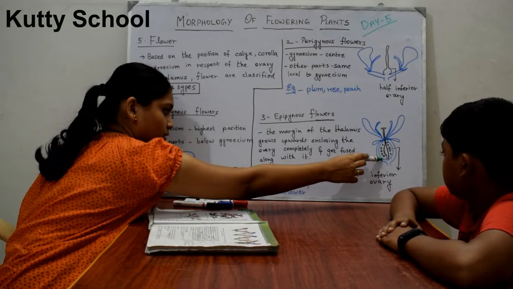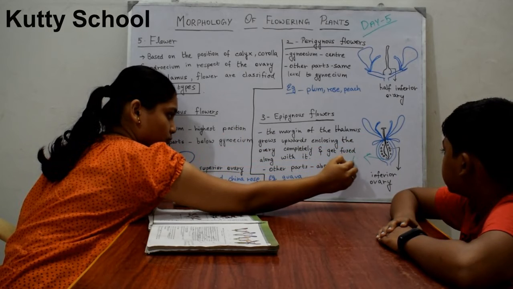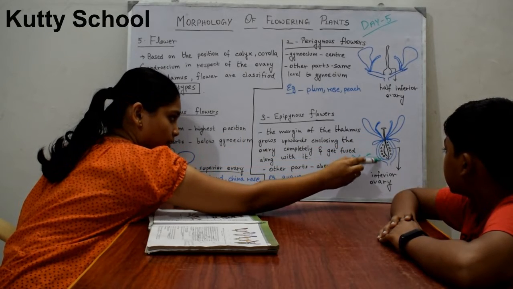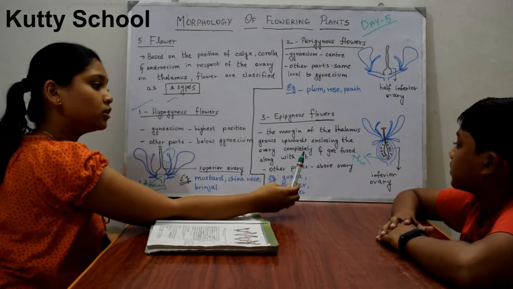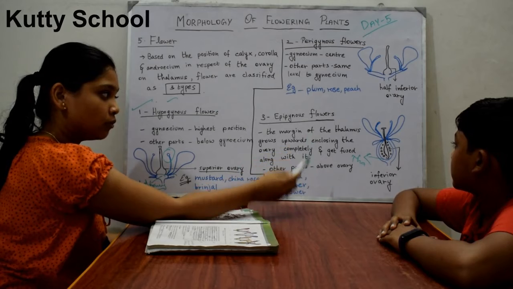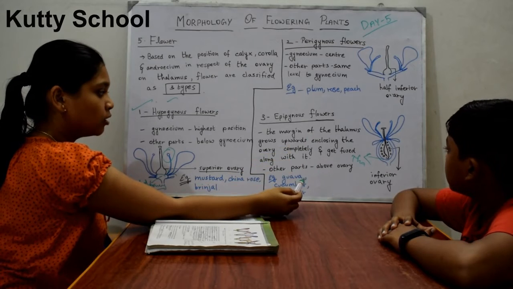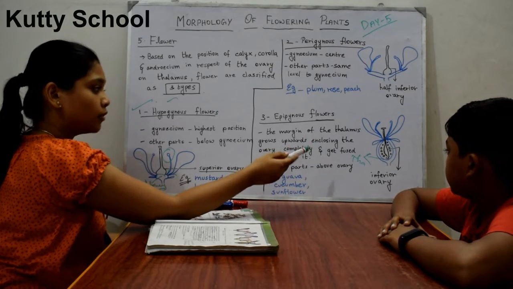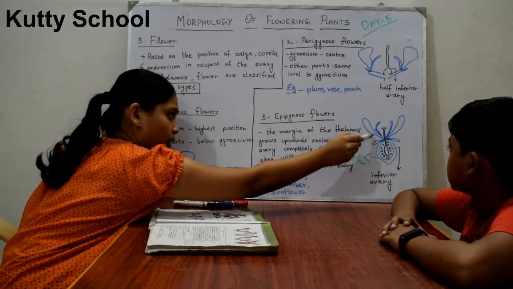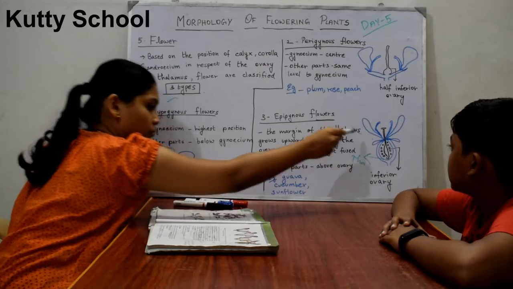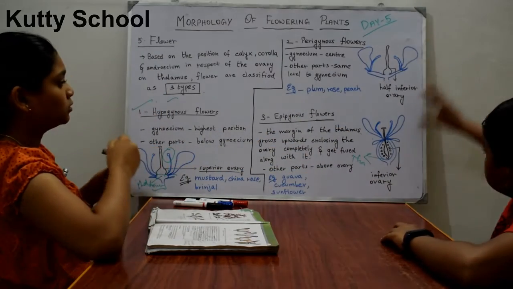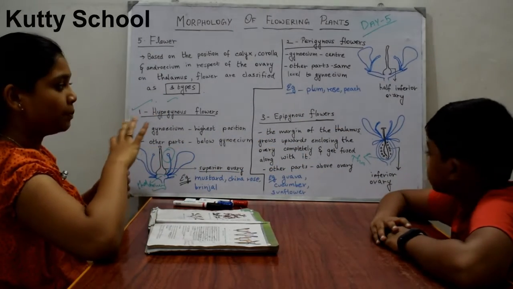This thalamus covers the ovary completely and gets fused with the ovary. The other parts are above the ovary: androecium, petals and sepals are above the ovary. This is below, this is middle, this is above. This is epigynous flowers.